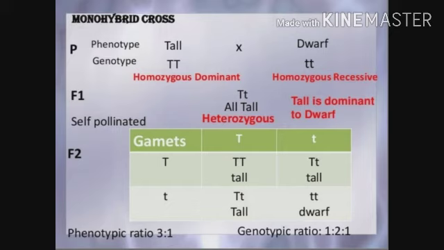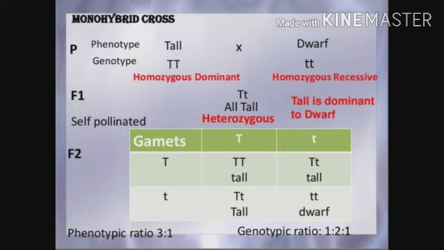But capital T is present in the dominant condition and small t is present in the recessive condition. After the mating, in the F1 generation, heterozygous gametes will be produced. Heterozygous, that means capital T and small t. But these all are tall.